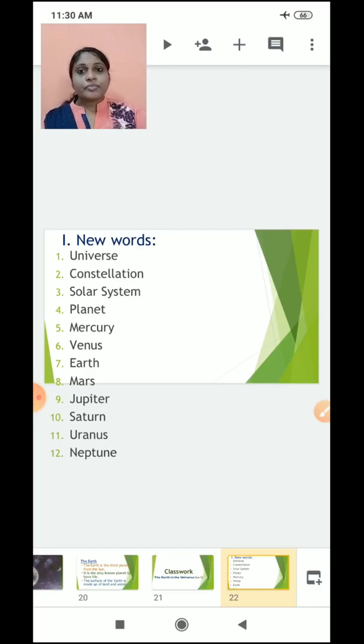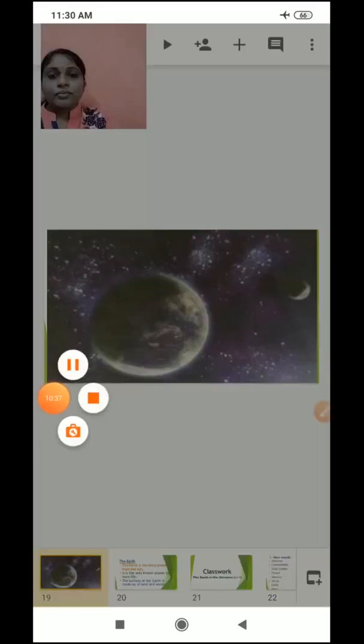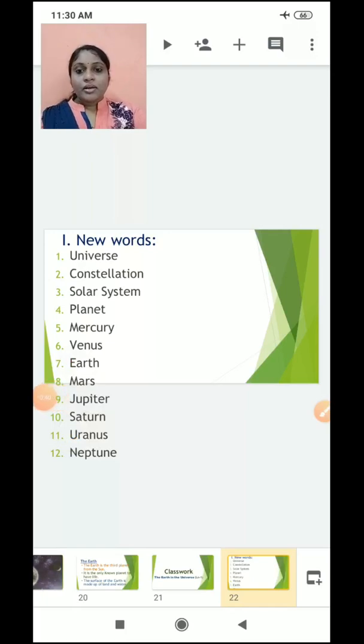Write it down. Now, the eighth one is Mars. Just write it. Ninth one is Jupiter. Finished. The 10th one is Saturn.